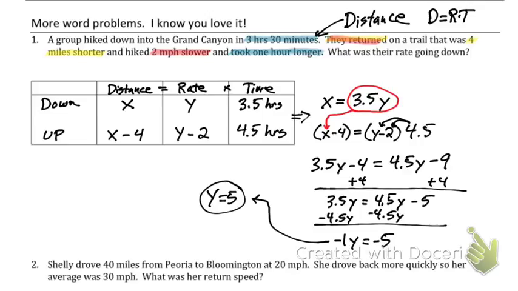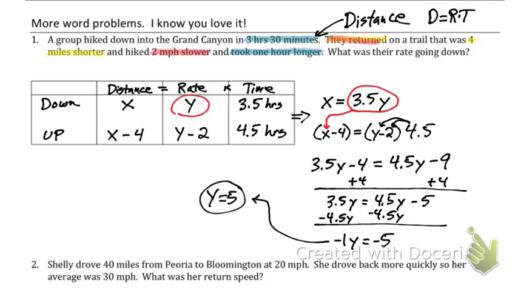Here's where we read the question. Because I can definitely plug 5 back in for x equals 3.5y and say my x equals 17.5. However, I do not need to find x. Nowhere in this equation does it say you need to find x or y. The question is, what was their rate going down? So you go back to your table, look for your rate going down.